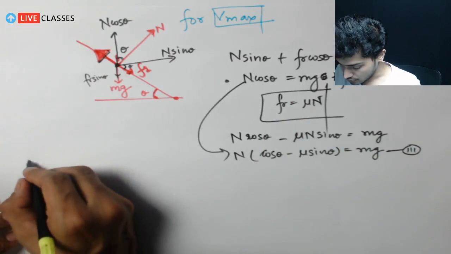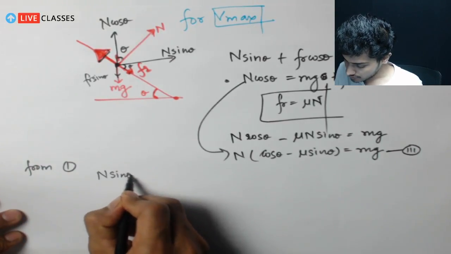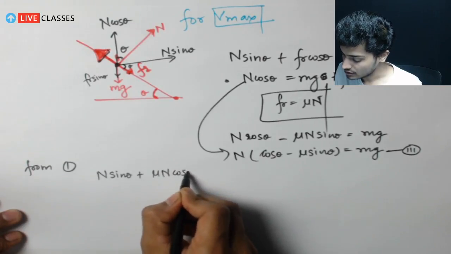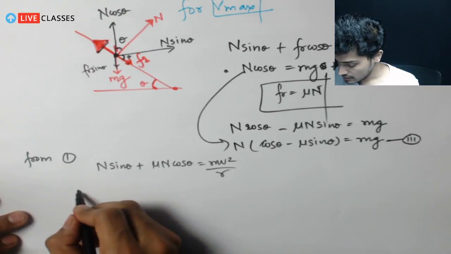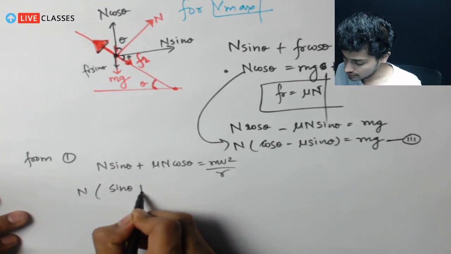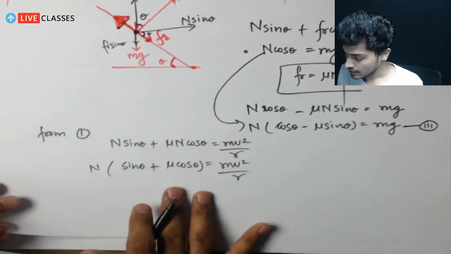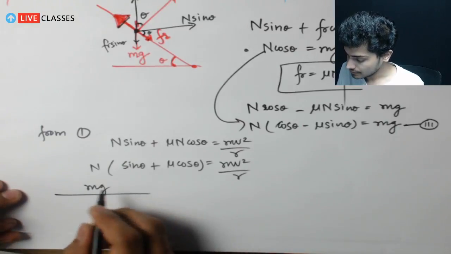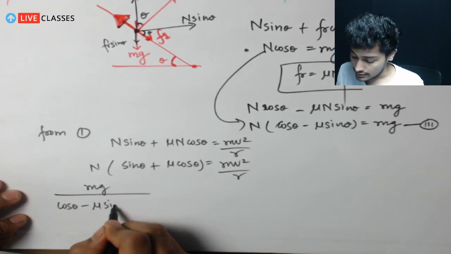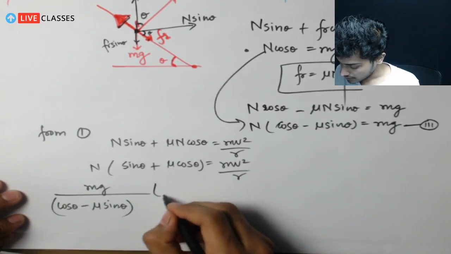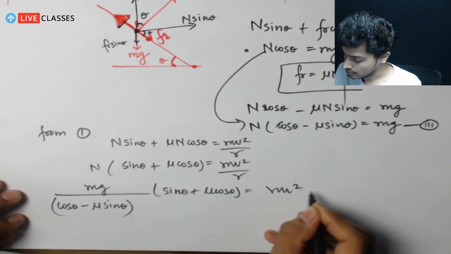So from 1, n times sin theta plus mu cos theta is equal to mv square by r, and n is nothing but mg by cos theta minus mu sin theta, so mg by cos theta minus mu sin theta times sin theta plus mu cos theta equal to mv square by r.